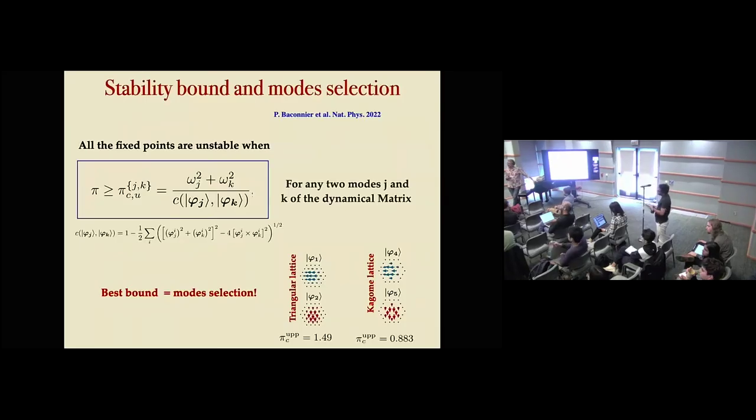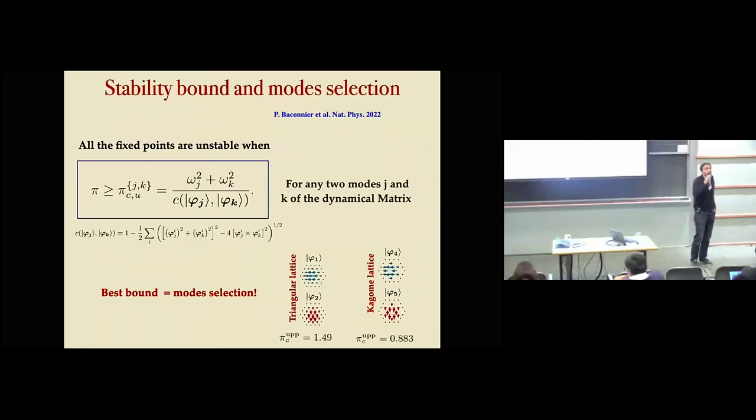Okay, so let's say the following. This is not a proof that the system will select the locally orthogonal modes. But this is what we observe in the numerics and in the experiment.